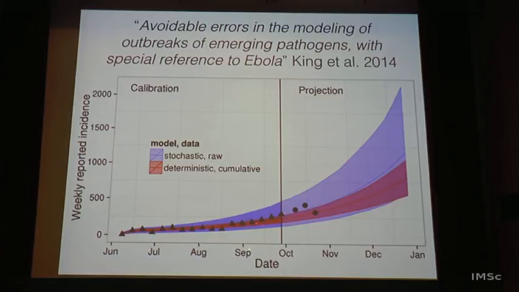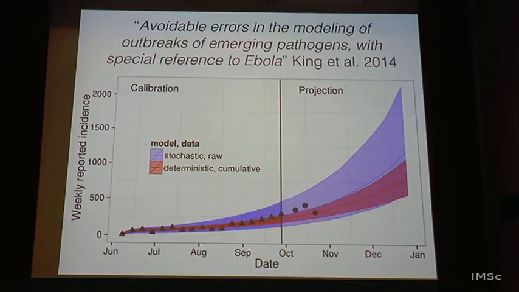So here is a paper by Aaron King, published at the same time as the other paper we published, so there was kind of a little battle in the community. It's quite nice. Here is a simple forecast, nothing changed. But when you forecast with a stochastic model fitted on raw incidence, you have much bigger variability than when you forecast a deterministic model that was fitted on cumulative incidence.